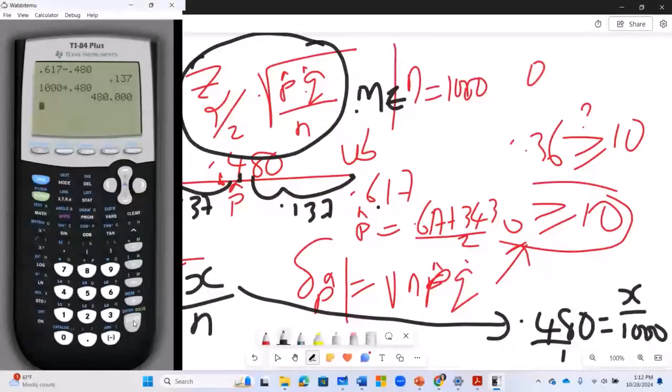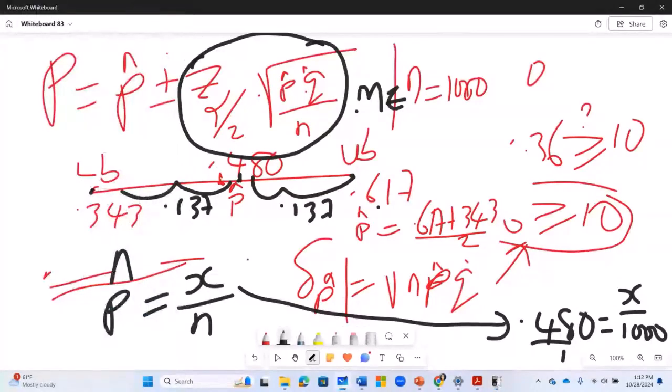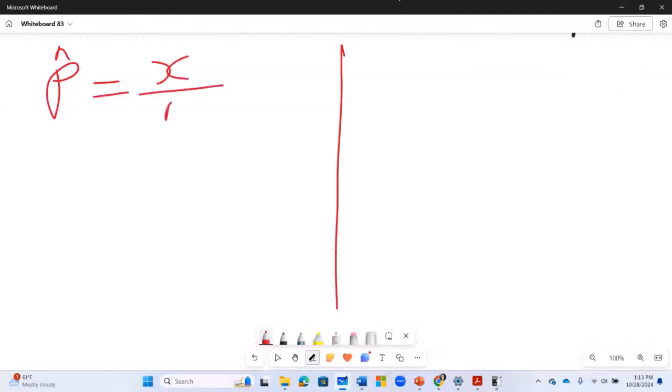I'm going to clear the board and repeat exactly what I just did, so that you get what I'm saying. Whenever I'm told to find the p hat, which is the point estimate, the point estimate is the number of yeses out of the total n.